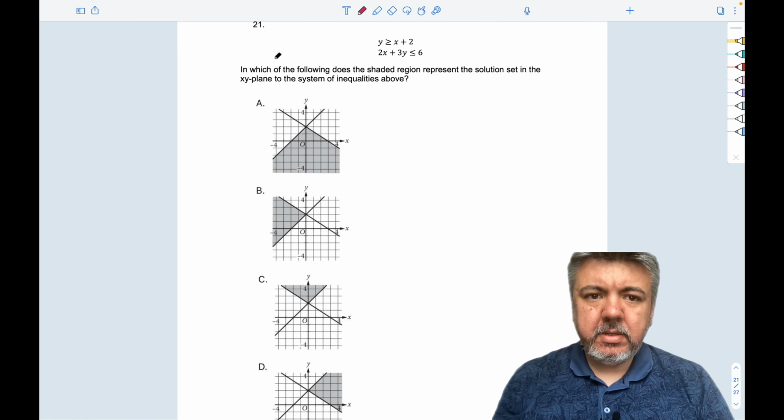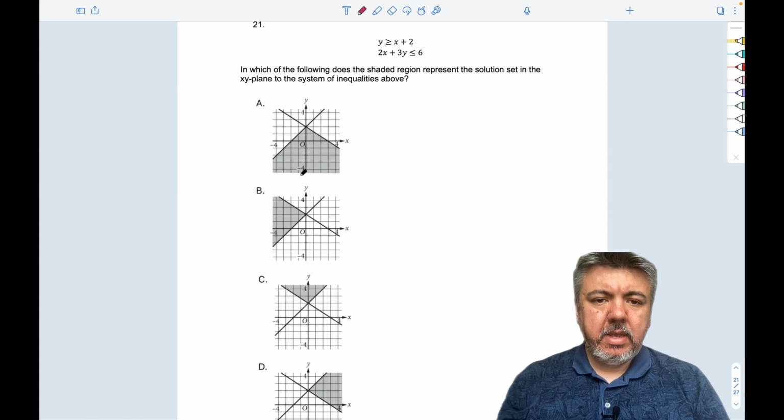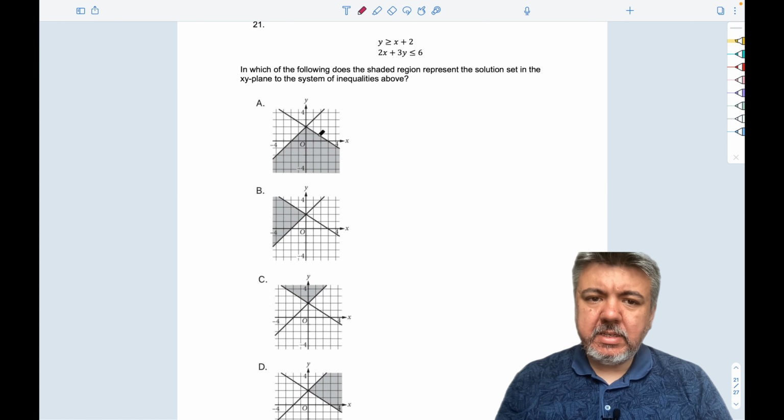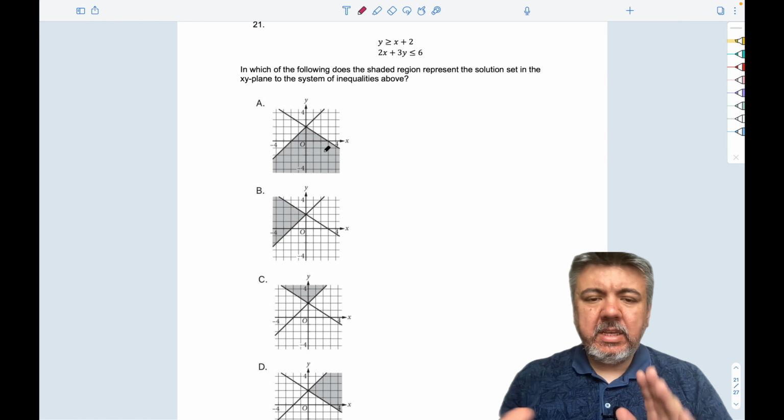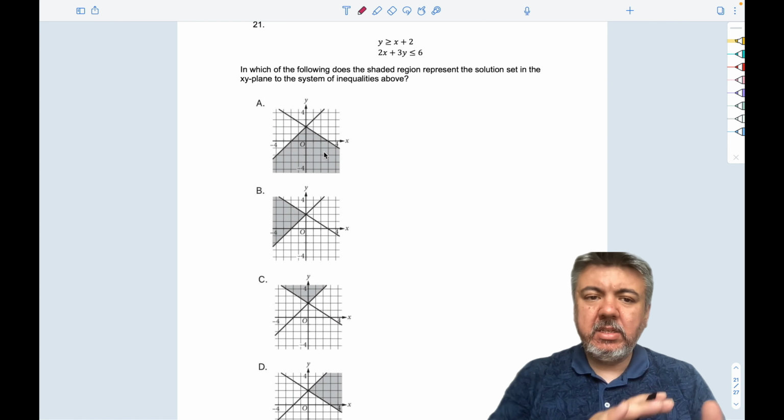Question 21. In which of the following does the shaded region represent the solution set in the xy plane to the system of inequalities above? Okay, so the idea here is eliminating some regions, eliminating some choices.